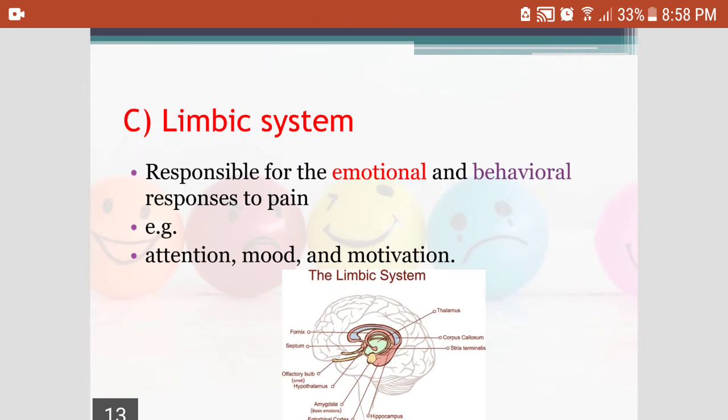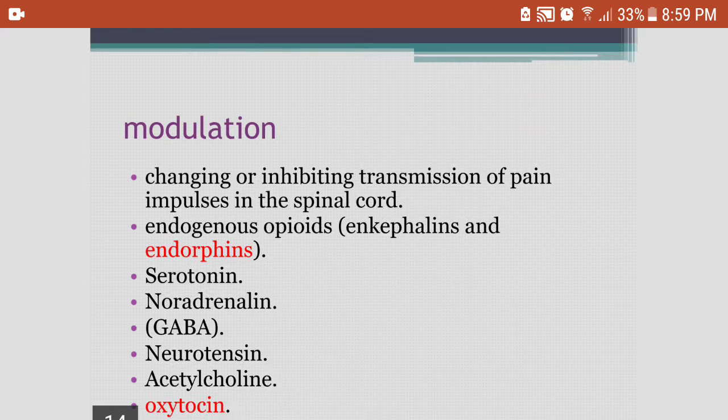The limbic system is responsible for emotional and behavioral response to pain, so it regulates attention, mood, and motivation in the brain. So next time you feel like you're not motivated to do something relatively painful, such as maybe working out, you can blame the limbic system.